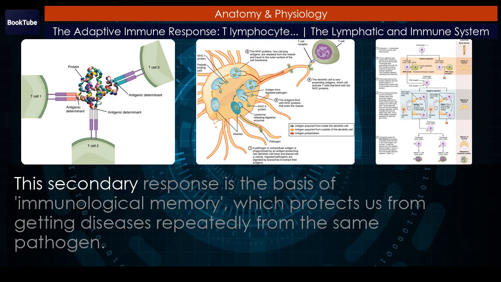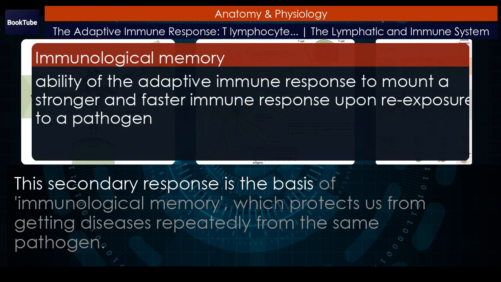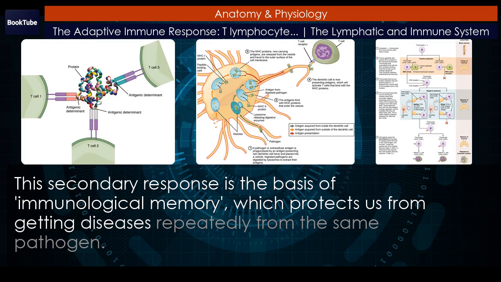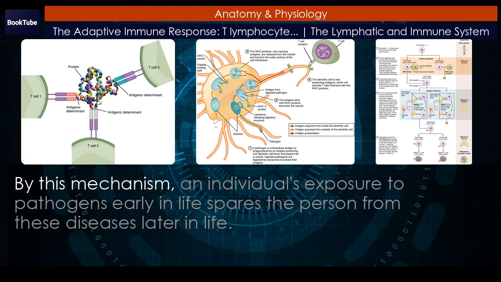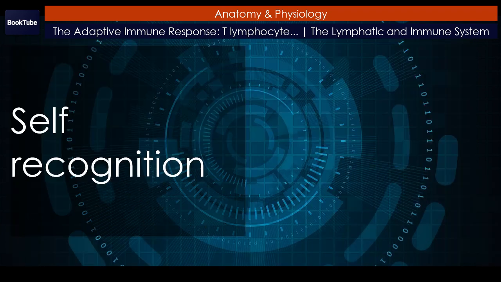This secondary response is the basis of immunological memory, which protects us from getting diseases repeatedly from the same pathogen. By this mechanism, an individual's exposure to pathogens early in life spares the person from these diseases later in life.